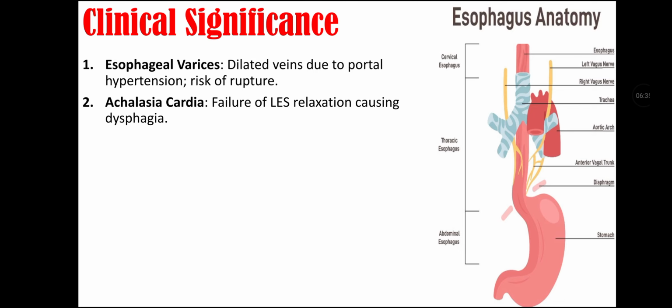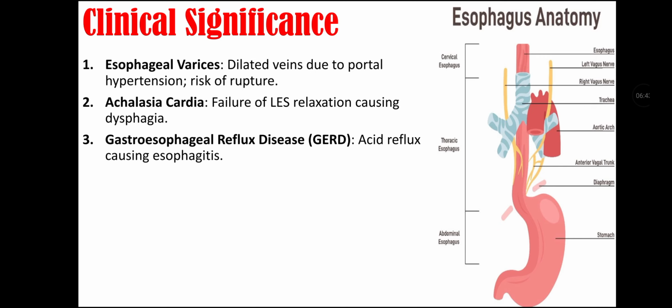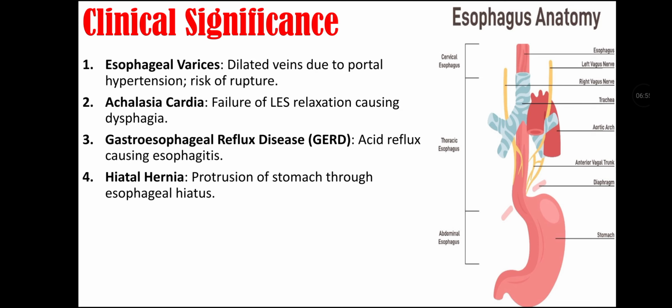Second significance is achalasia cardia, that is failure of lower esophageal sphincter relaxation that causes dysphagia. Third significance is gastroesophageal reflux disease, that is acid reflux from stomach that causes esophagitis or inflammation of mucosa of esophagus. Fourth significance is hiatal hernia, that is protrusion of stomach through esophageal hiatus.